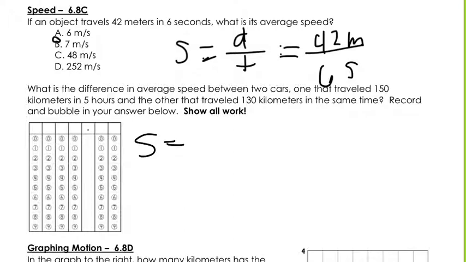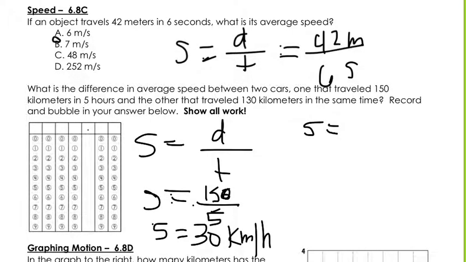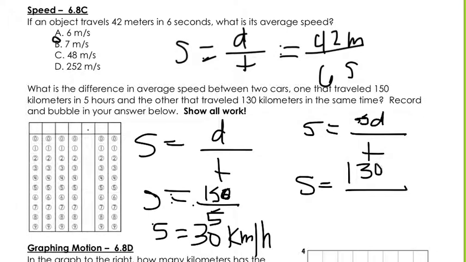The first one traveled 150 kilometers in 5 hours. 150 divided by 5. So you should have gotten 30 kilometers per hour. The second one, distance divided by time, 130 in 5 hours.